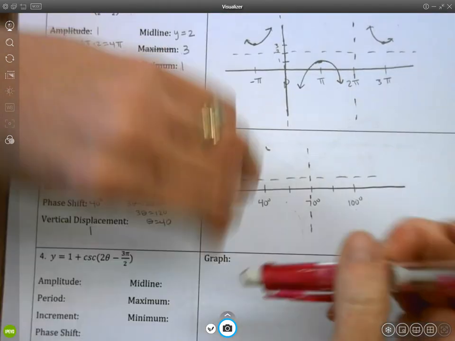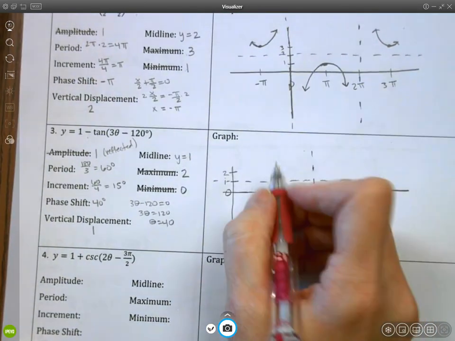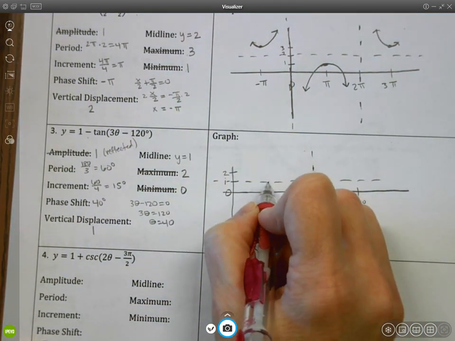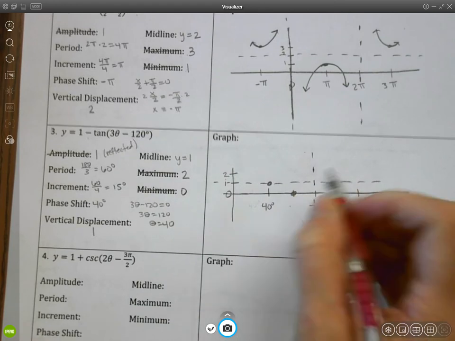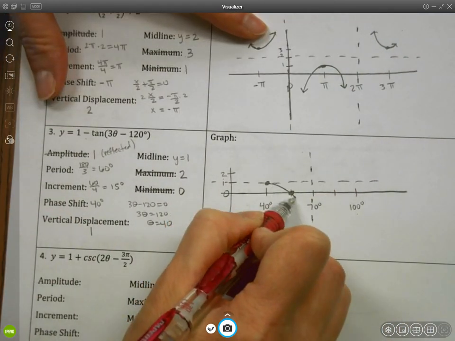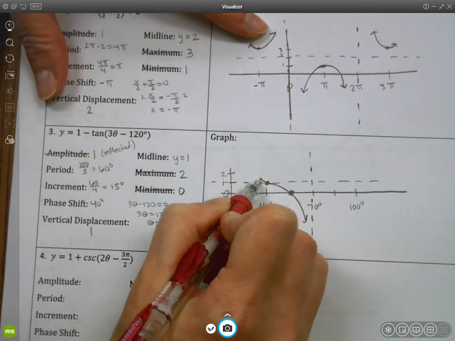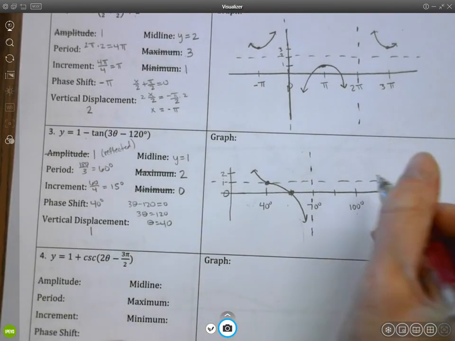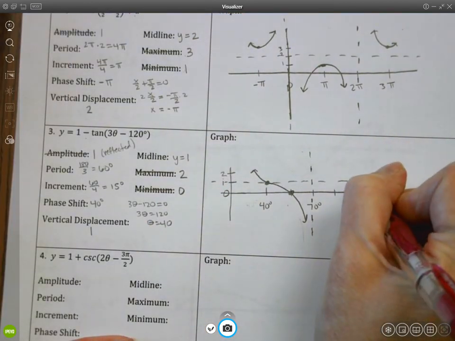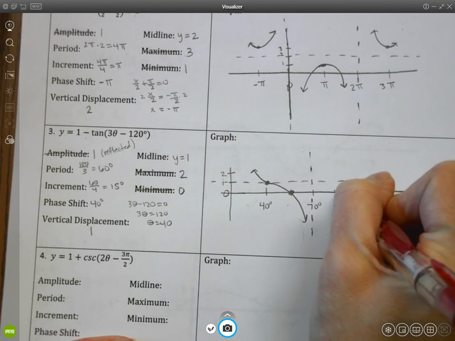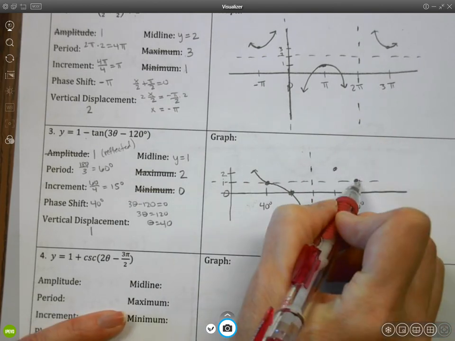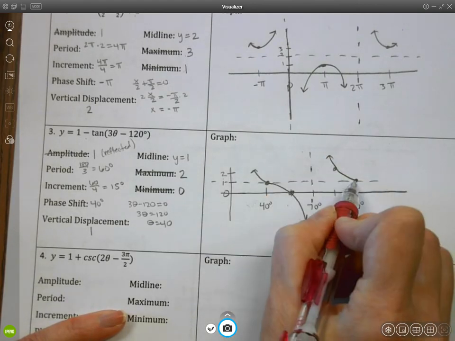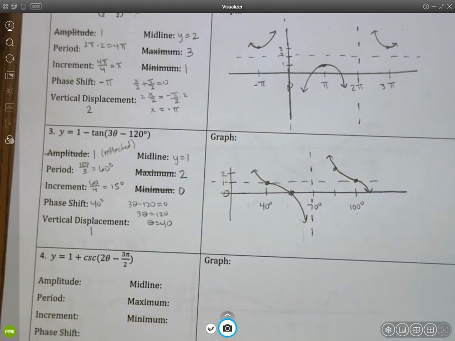Normally tangent, the first mark is at 0, and then we would go from there up, but this one we're going to go down. So this is going to go like this, and that means this side would have to go up. Then normally this one would be 0 here, and we'd go down, but since we're reflected, we're going to go up. So it looks like this, and we know this is going to go like this.